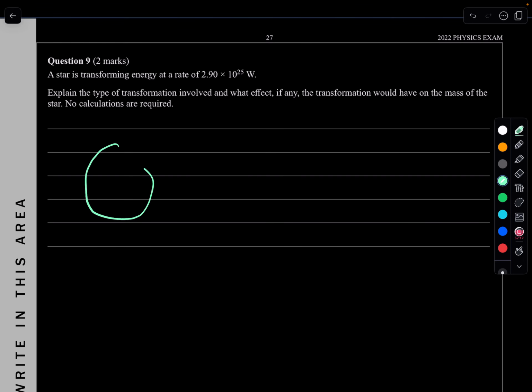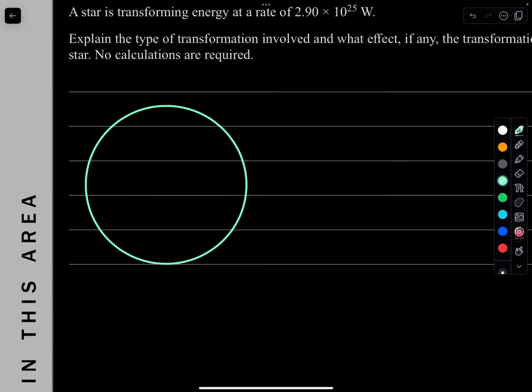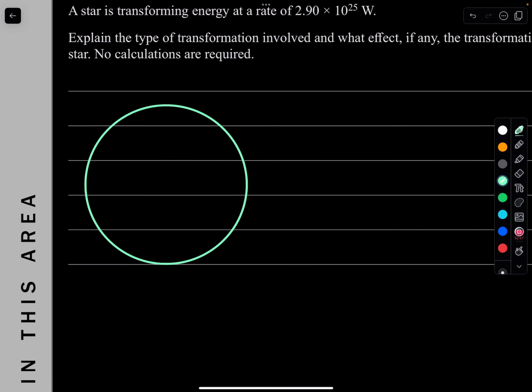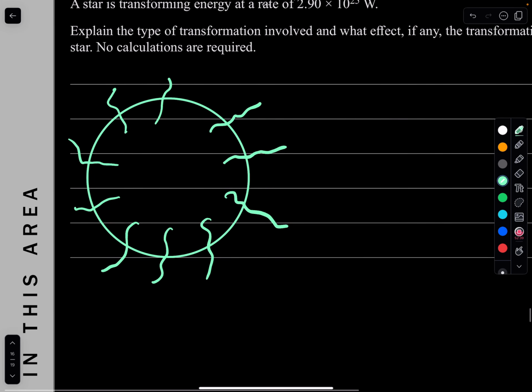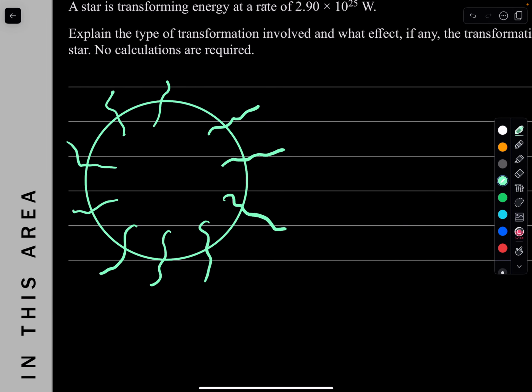We know our sun. Let me draw a sun here. Basically, what's happening in our sun is that it's radiating energy, heat energy in this form. But how, you might question. This type of transformation is called nuclear fusion.